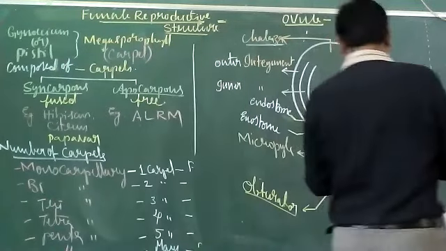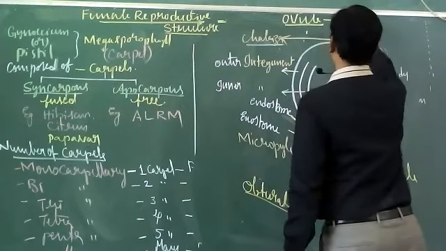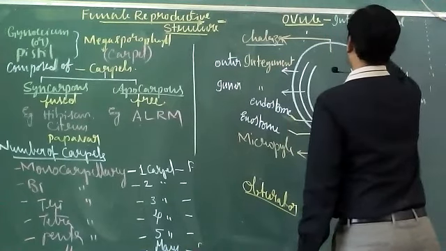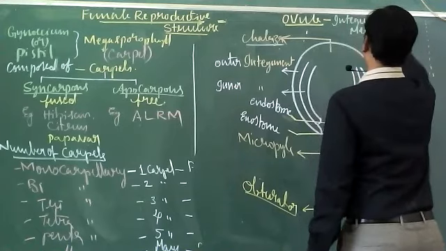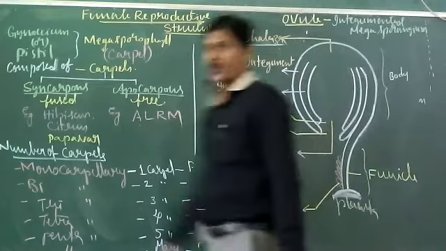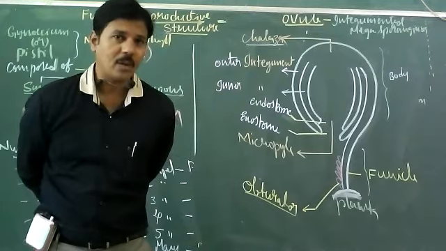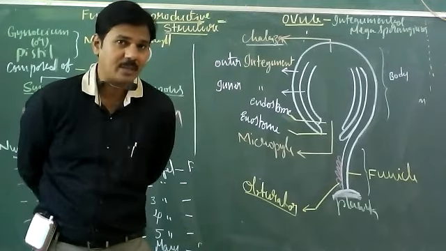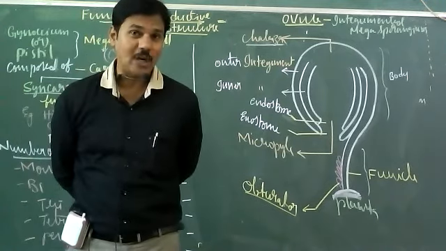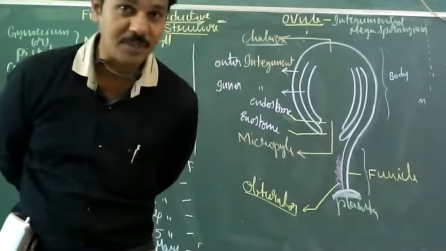The ovule can be called an integumented megasporangium. That means the megasporangium is surrounded by integuments. Then now you should get a doubt. When the ovule is called an integumented megasporangium, then what is the megasporangium?